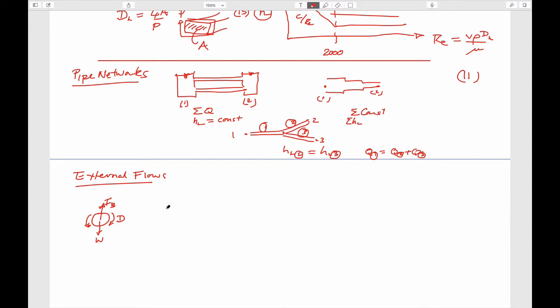And so we can identify that the weight plus the drag is equal to, in this case, the buoyant force or any kind of force acting on it. And so we can rearrange that in terms of the drag being equal to the buoyant force minus the weight.